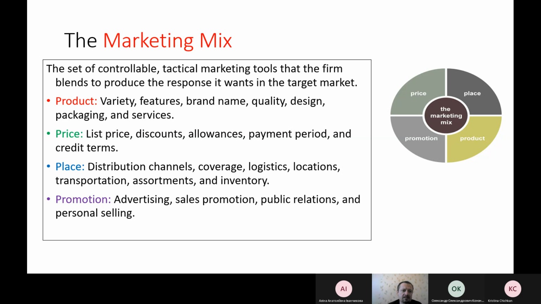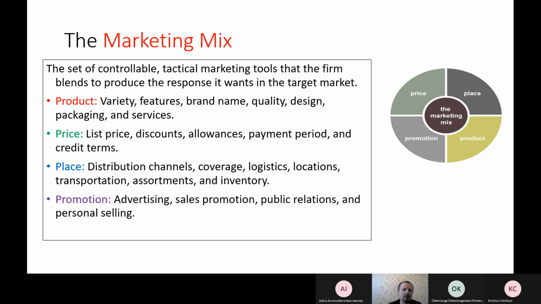Then place. In this situation you have to think about the channels of distribution. So you have to think what intermediaries must be involved in selling your products. And also in this part of the report, your logistics system must be described.